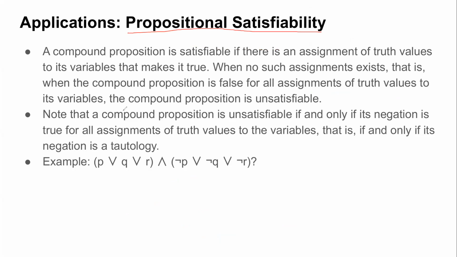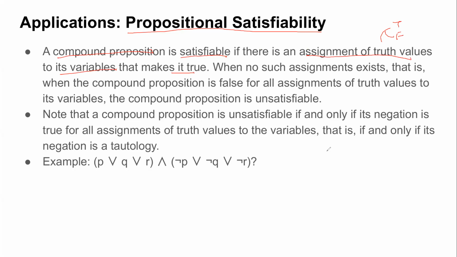So when we have a compound proposition made up of various simple propositions, we say that such a proposition is satisfiable if there exists an assignment of truth values. By truth values, it need not be just true, it can be any combination of true or false values which can be assigned to its variables, which makes it true.